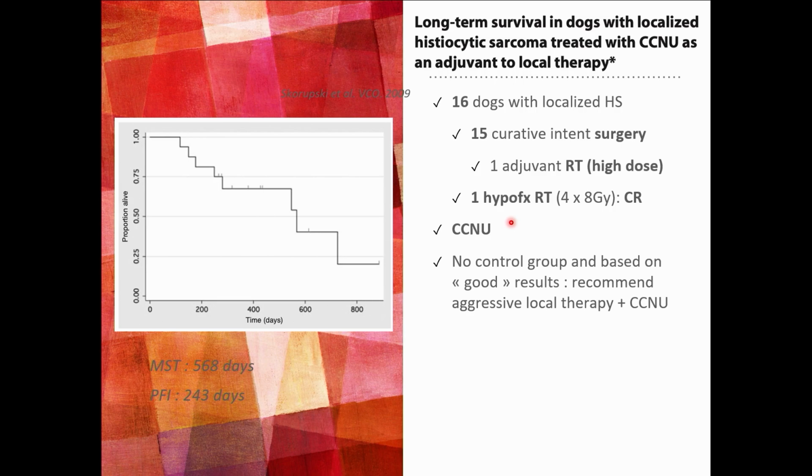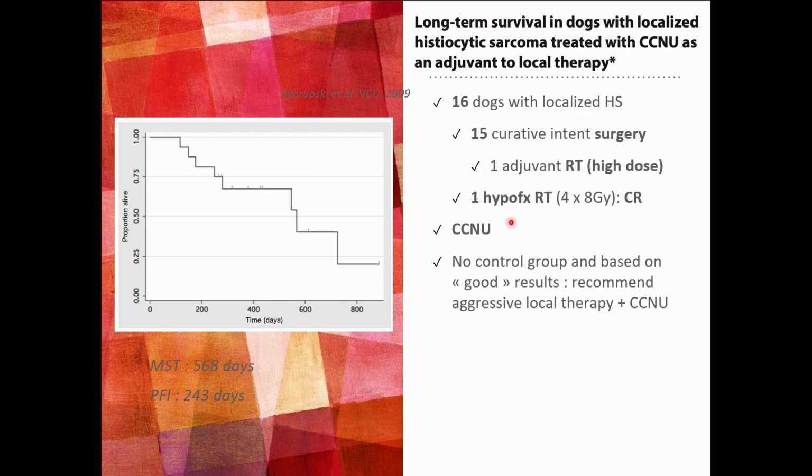This has changed a bit, but that was a bit of the bazooka type of working. So mast cell tumor, histiocytic sarcomas, everything would get 54, 57 gray in 18 or 19 fractions, just so you're sure everything dies. But anyway, that's the way it was done.